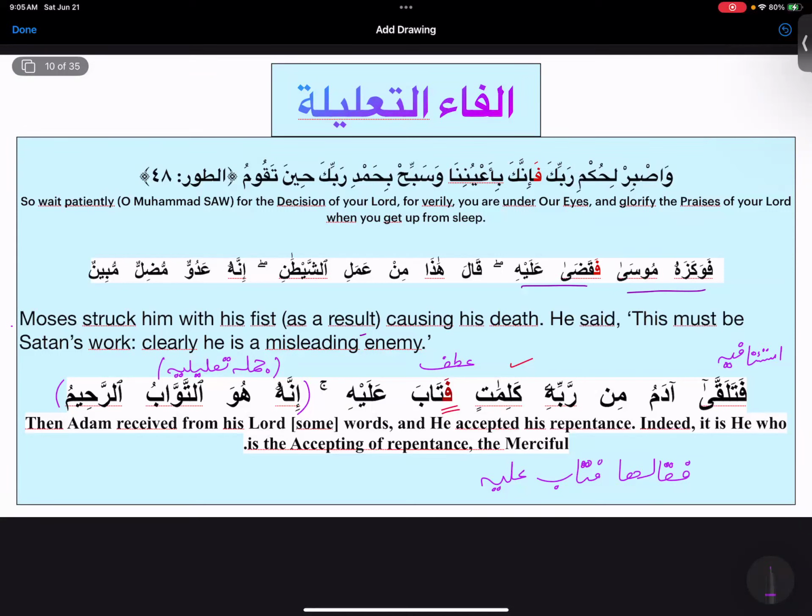So as a result, death happened to that person. If we take it this way, that he hit him and therefore his death occurred, we should take faqada alayhi as meaning his death occurred. Yeah, exactly. So again, there are different ways to take it.